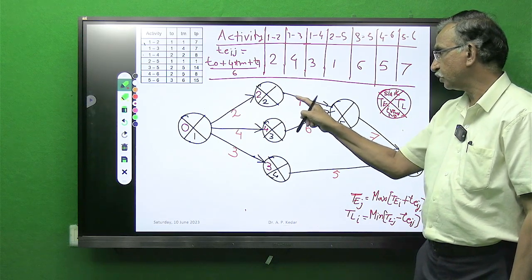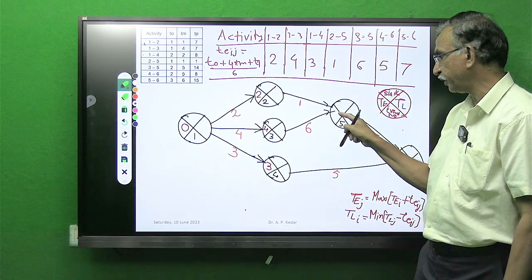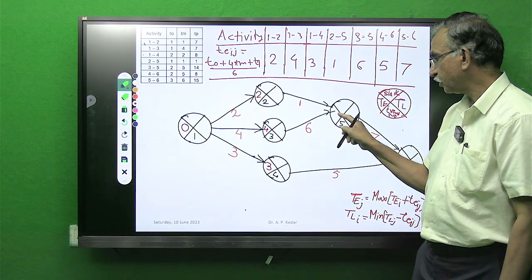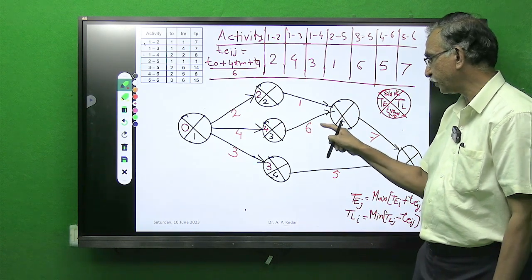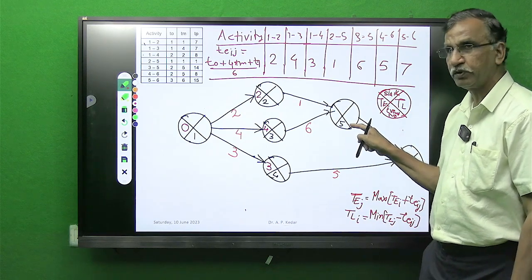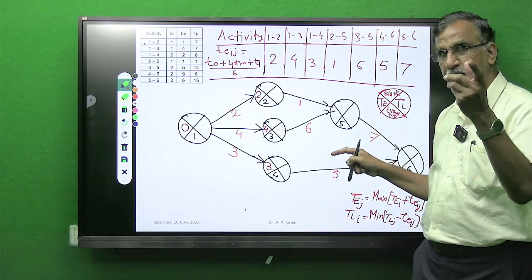Now 2 plus 1, here one value is 3 for me, and 4 plus 6, the other value is 10. So for this event 5 I have two values, 3 and 10.